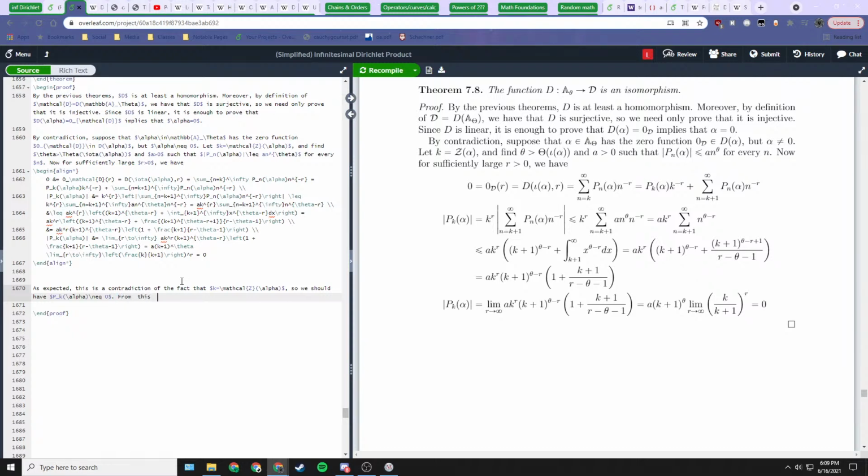From this contradiction, we conclude that such alpha does not exist. So D is injective, proving the theorem.